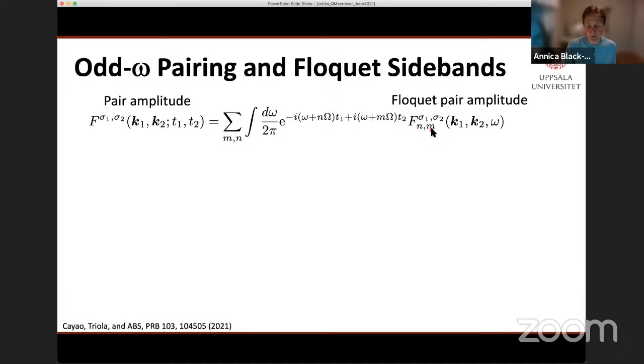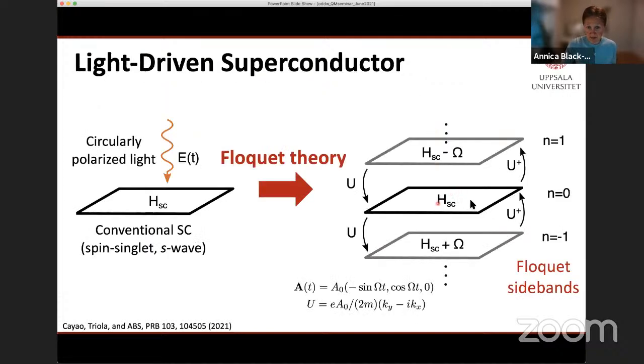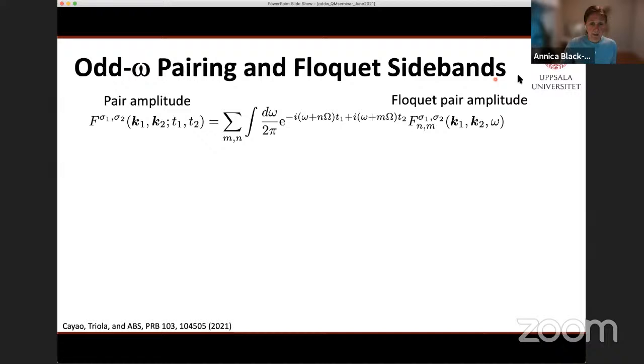So N and M would either be, this is the 0, 0. This is N equal to 0, but I can also have N equal to +1, +2, and so on. So this is a Floquet pair amplitude, and it turns out that to see which is even and odd here, it's a little bit different due to this prefactor here.